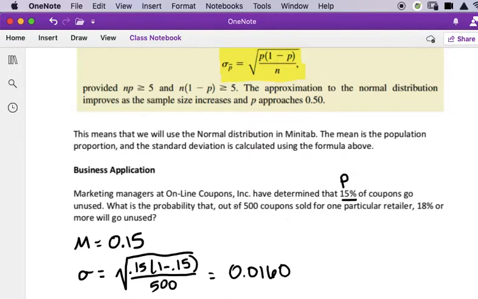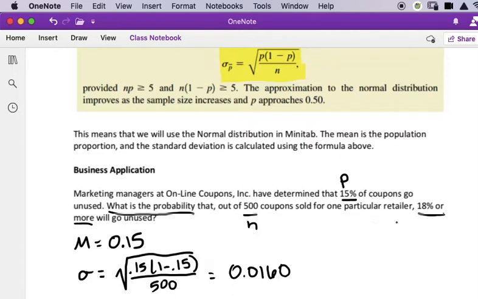Now I want to know what is the probability that 18% or more, so the 500 was my N, 18% or more will go unused. So this is a little bit tricky because when they're giving you X values in problems that have to deal with proportions, they're going to be giving you them as percentages or decimals. So you really need to keep in mind what the question is asking. The question here is asking, what is the probability that?